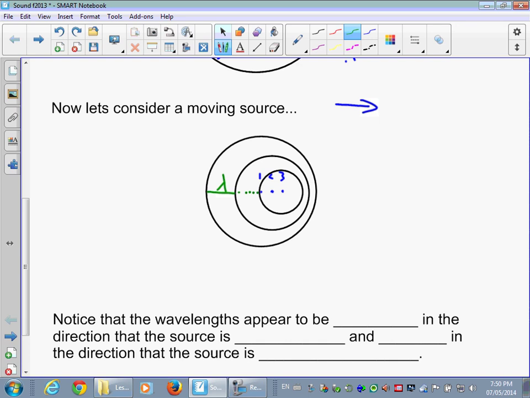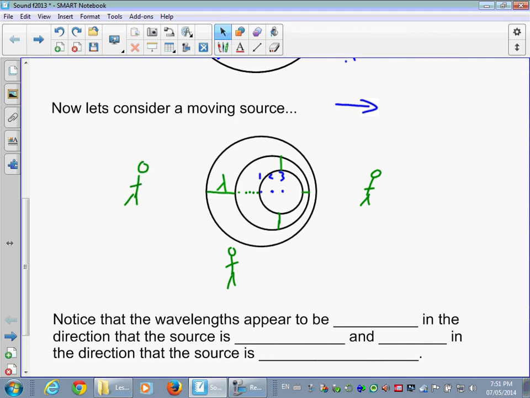This wavelength is different as well. That one is, this wavelength over here is different. That wavelength is way different. That wavelength is different. So the observations that you make for a person sitting over here, the wavelength is going to be different than a person that's sitting over here observing this wave or a person observing over here.